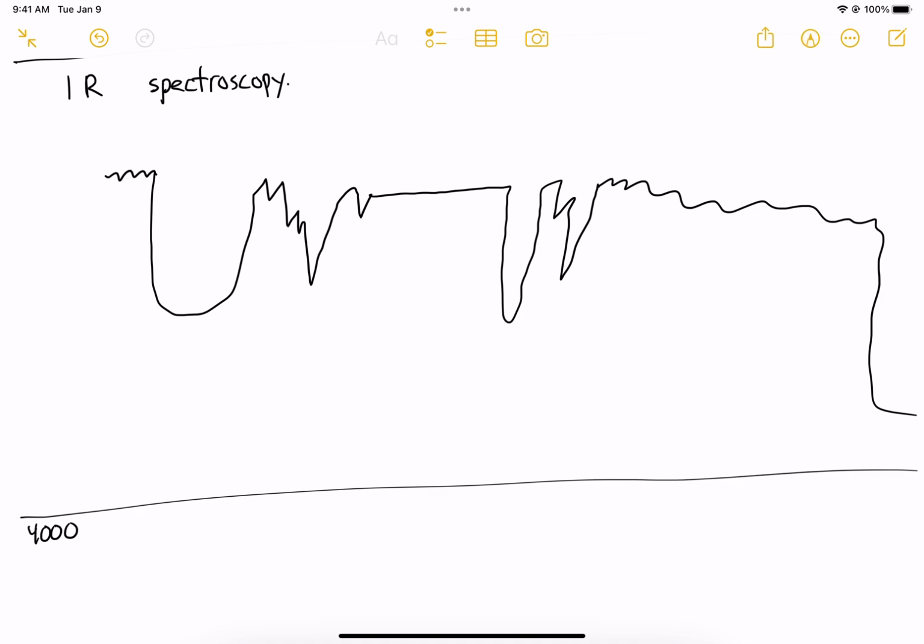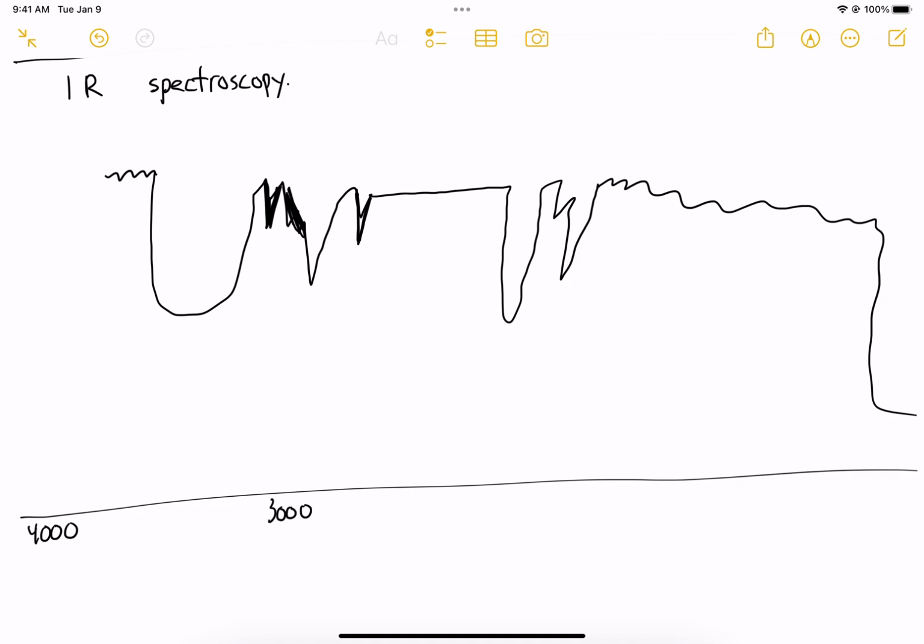Here is 3,000. Let's make this peak a little bit more appropriate here. So let's just make this a single line, make this a bigger peak, so it's kind of appearing at 3,100. And then this is going to appear at, let's make it a little bit sharper, a little above 2,800.